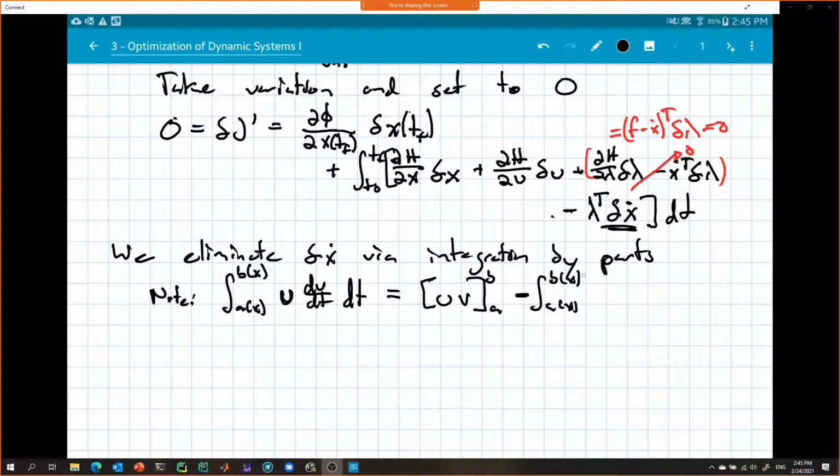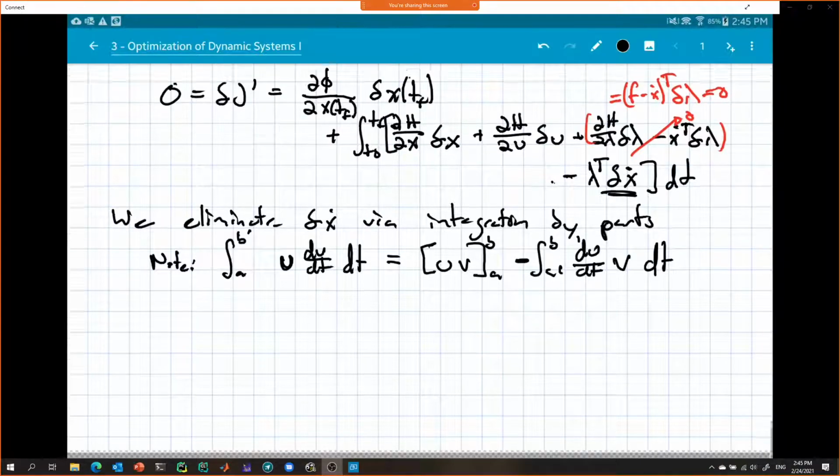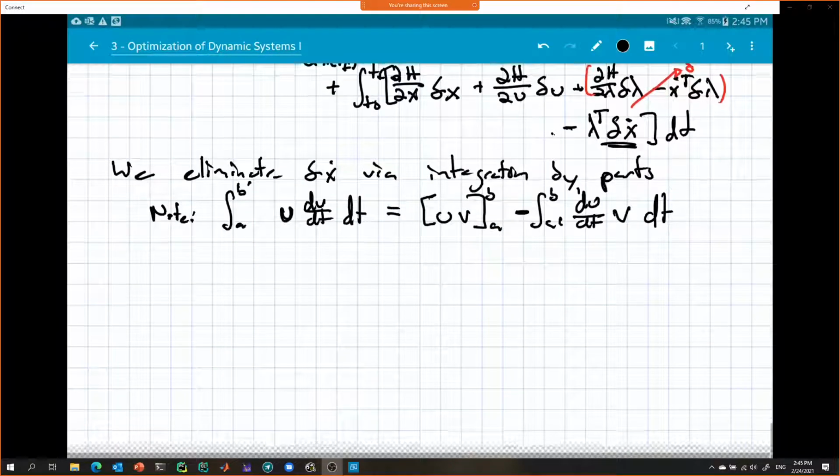I guess I don't need these x's here. It's not very important, I just put a to b. That was held over in my notes from when I was doing the Leibniz rule. Of du/dt times v dt. So we basically switch in the integral what's being the derivative, and that's integration by parts.